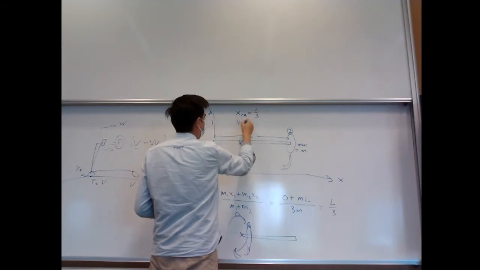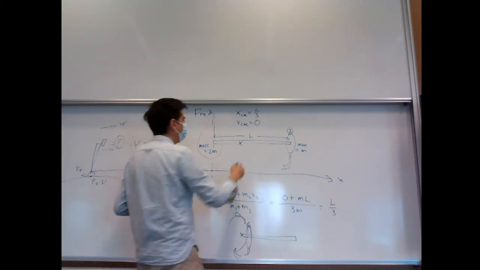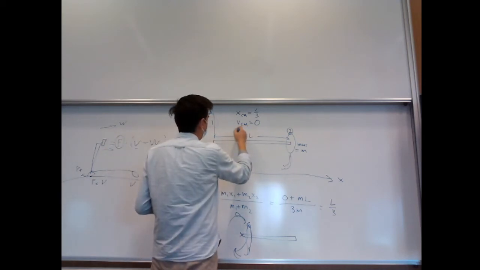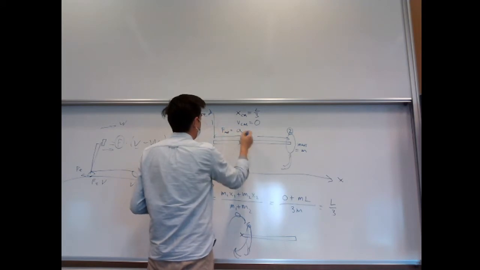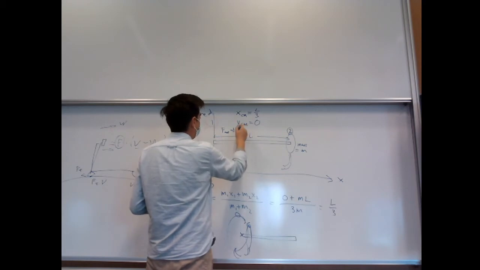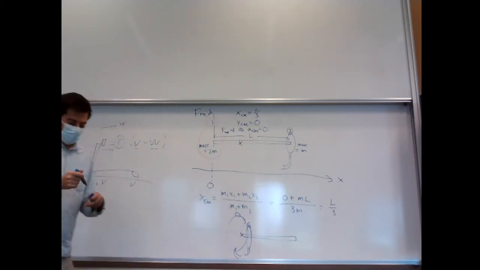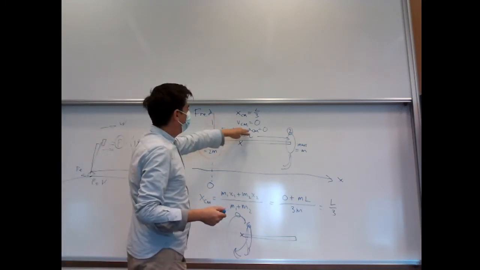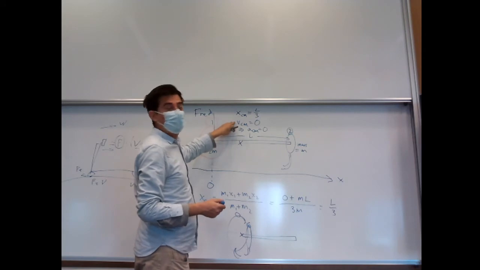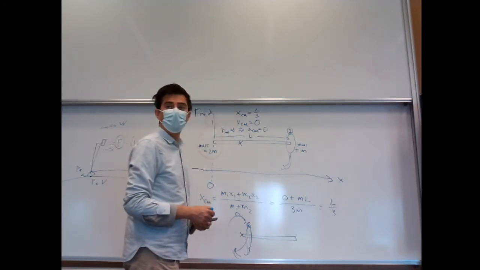The velocity of the center of mass is 0 because they're not moving before, and because the total force is 0, this implies that the acceleration of the center of mass is also 0. And if the acceleration is 0 and the velocity is 0, then it has to stay in the same position. That's the logic.